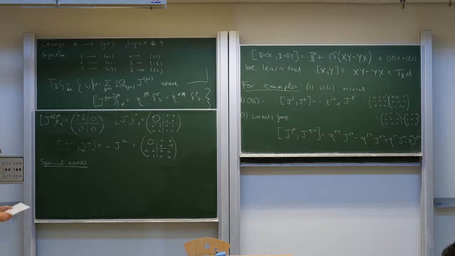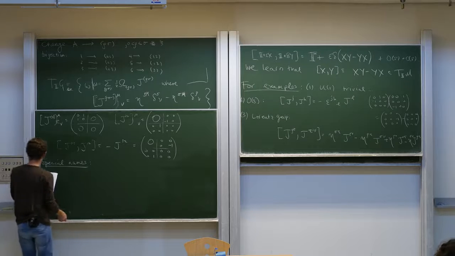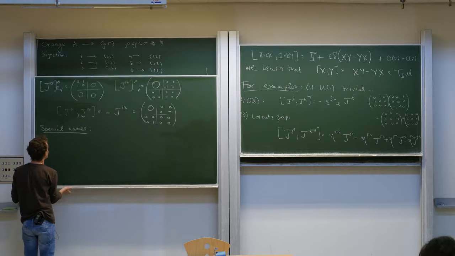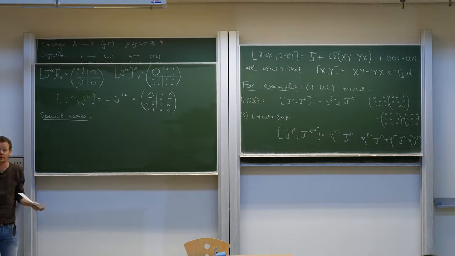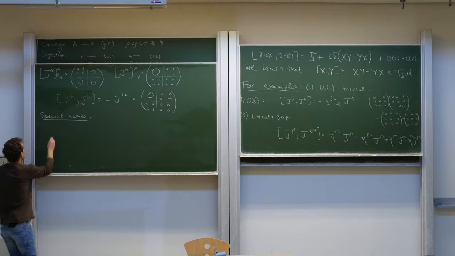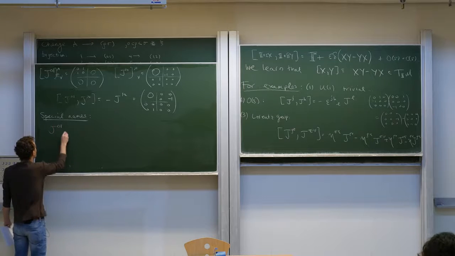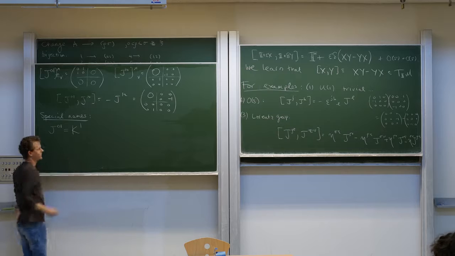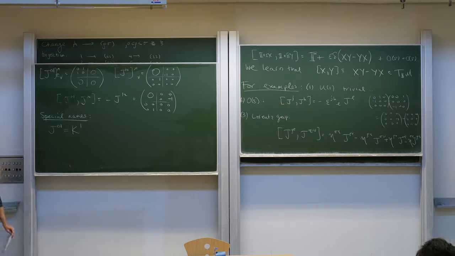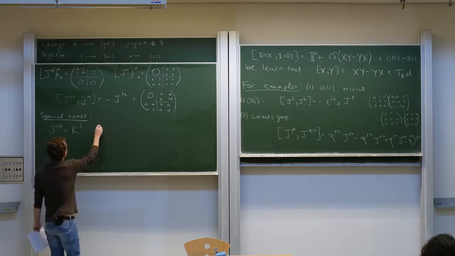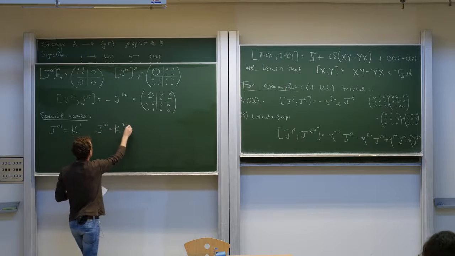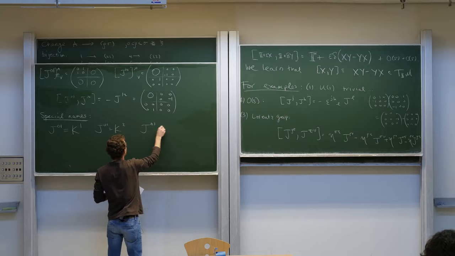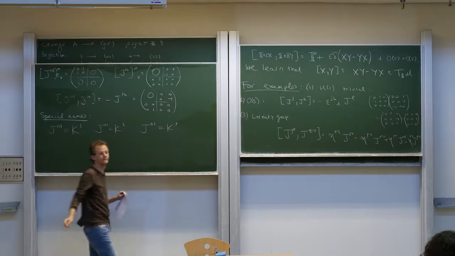Right now, we give special names to these generators for the special role that they play in Lorentz transformations. So the first special element is J01. That's called K1 in the literature. J02 is called K2, and J03 is called K3.